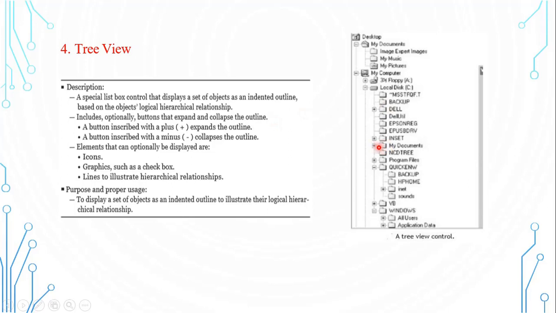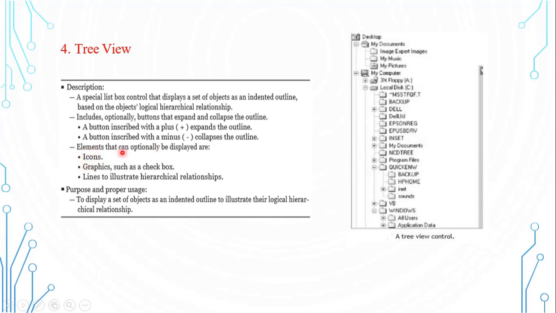You have a plus mark and a minus mark to expand and collapse the folders. A button inscribed with the plus expands the outline, and a button with the minus sign collapses the outline.